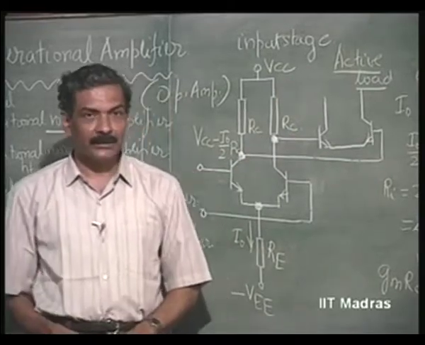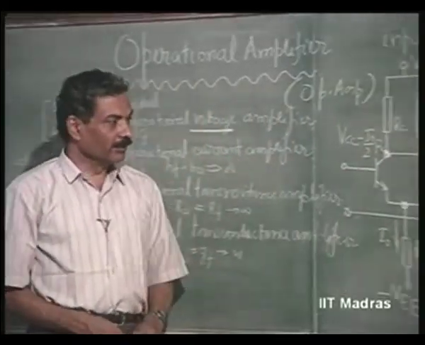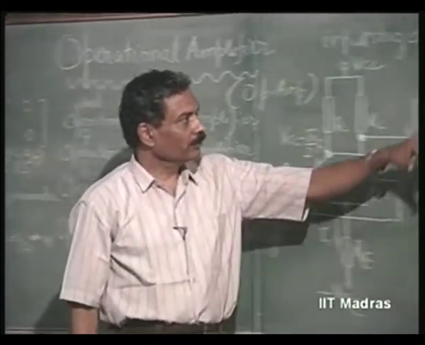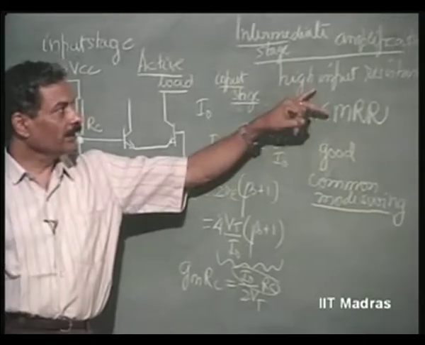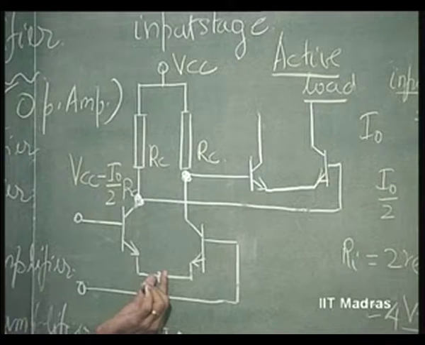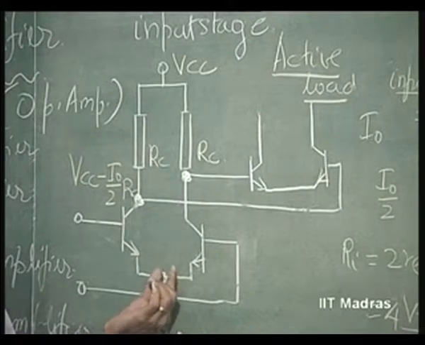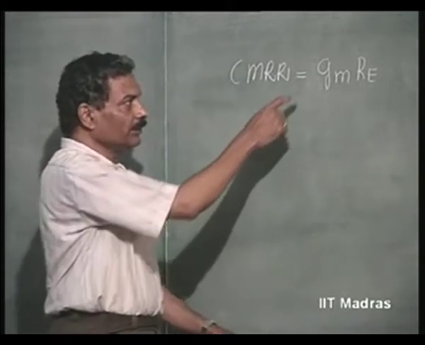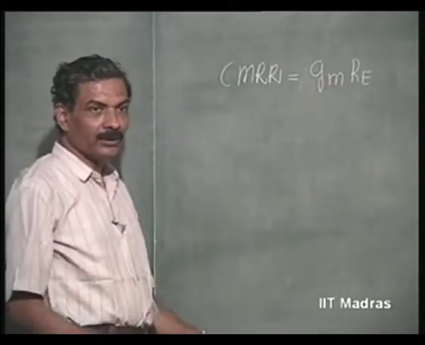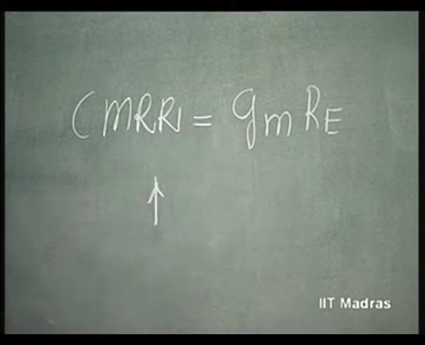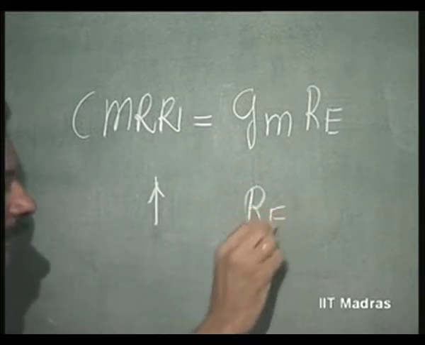We will discuss the role of active load, as also how to improve common mode rejection ratio and input resistance. Input resistance, as I told you, can be improved merely by decreasing the operating current. CMRR is equal to GM into RE. So the CMRR of the input stage should be high, and in order to increase the CMRR, we have to make RE very high.